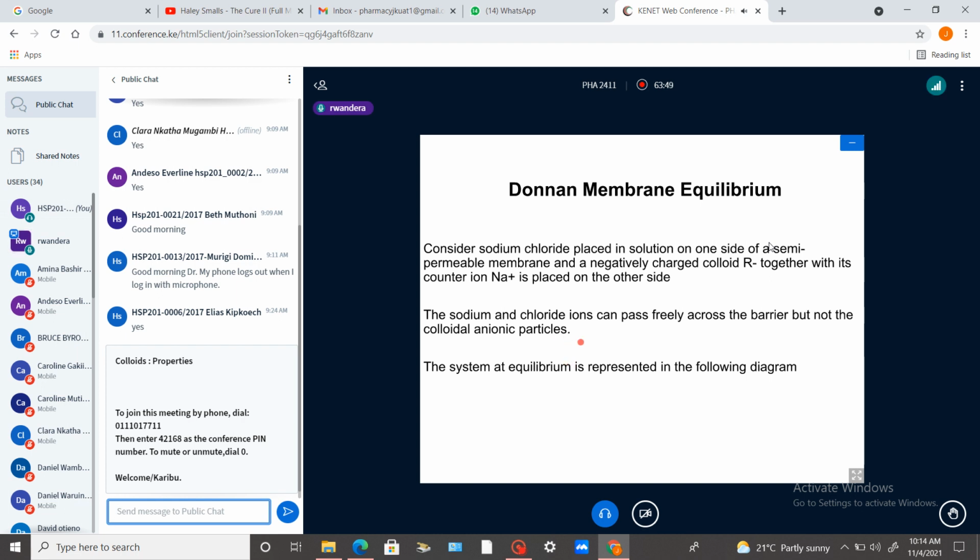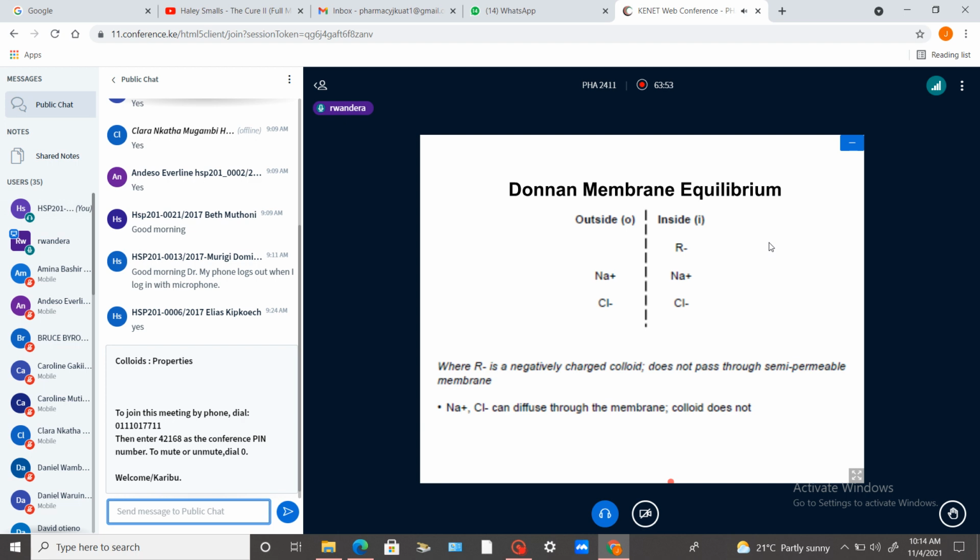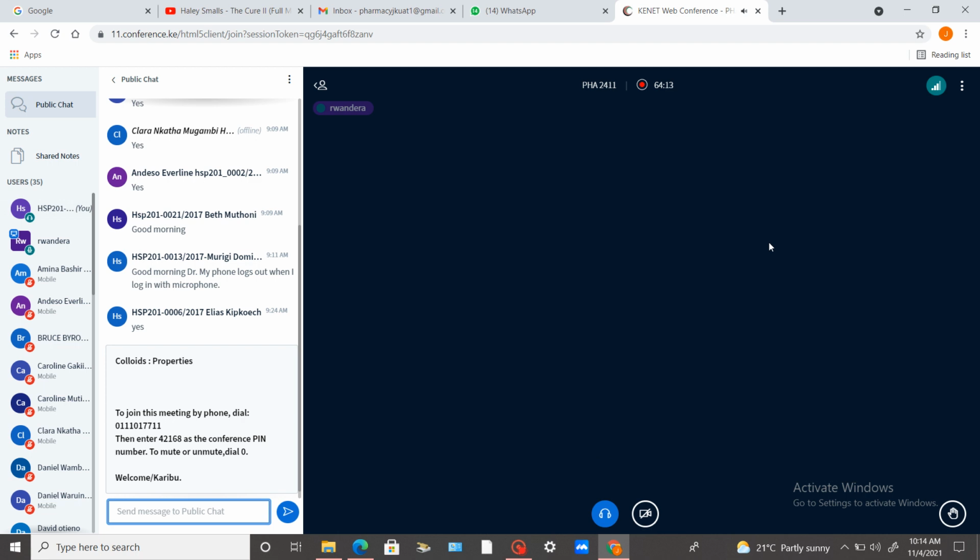So the system will reach equilibrium. This diagram was just representing the system at equilibrium. So you'll have sodium ions and chloride ions on one side, sodium ions and chloride ions on the inside of the membrane, together with a negatively charged colloidal particle.